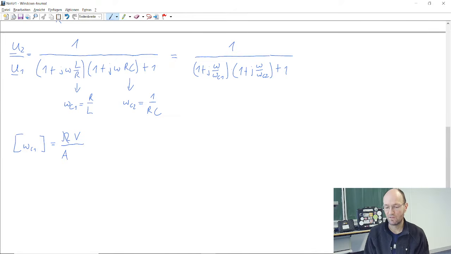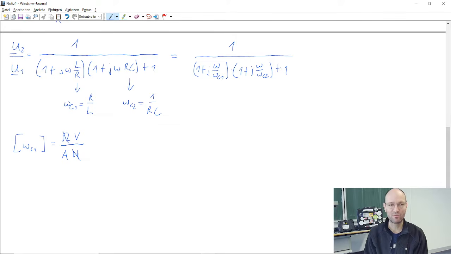And so then we have inductance, the unit of the inductance is Henry, and Henry can be written as no, not really. So, I mean, we could also do it backwards.